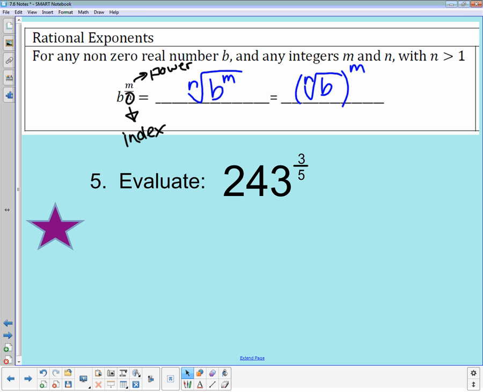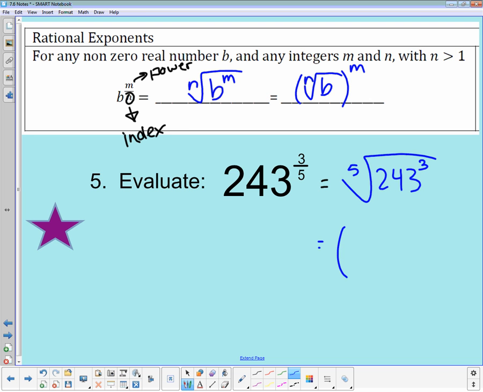Now I'm looking at 243 raised to the 3/5 power. If I change that into radical form, that means I have the 5th root of 243 to the 3rd power. That's the same thing as saying the 5th root of 243 all raised to the 3rd power.